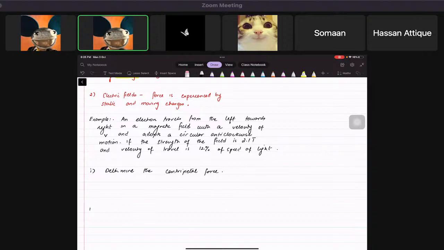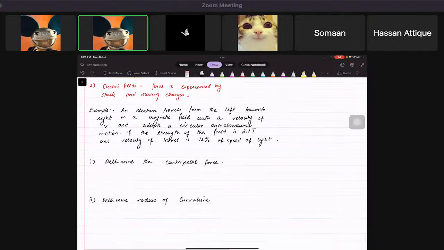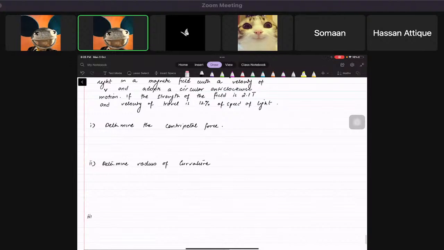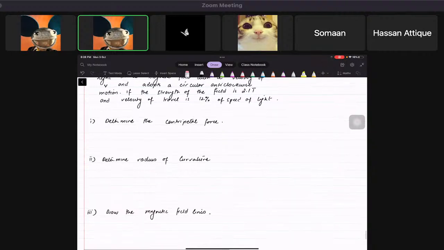Number two, determine the radius of curvature. And number three, draw the magnetic field lines. Okay. Now that is the question.